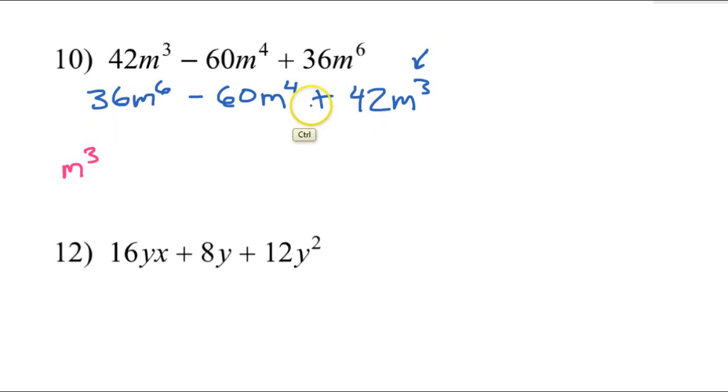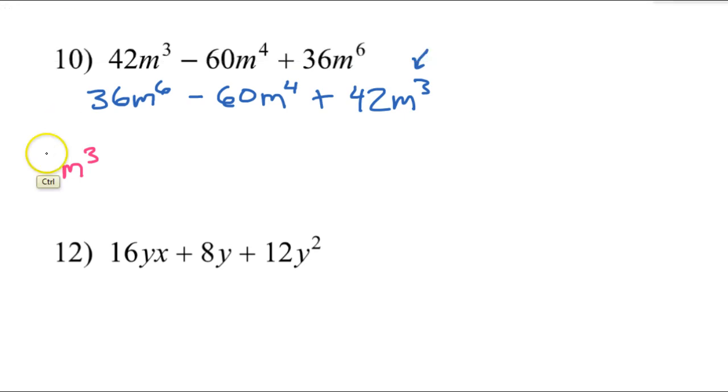I'm trying to think to myself what's the biggest number that divides into all of these. And the first thing that pops into my head is the number 6. I can see that these are all going to be divisible by 6. I don't actually know if that's the biggest number, but I'm going to try it.